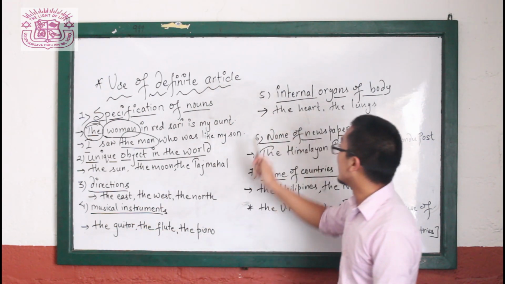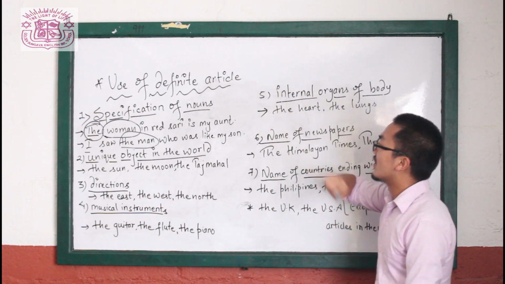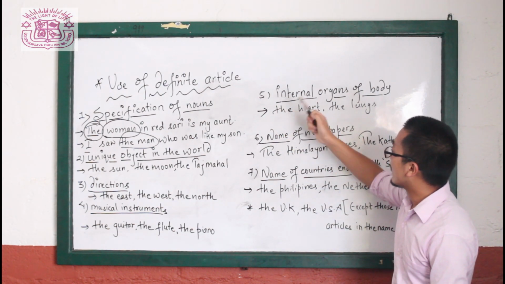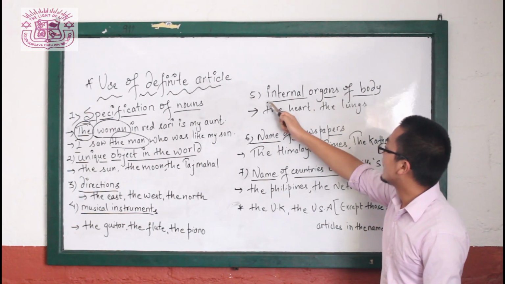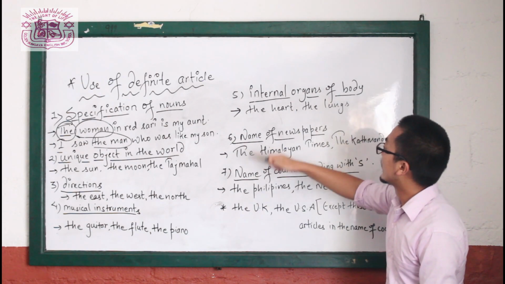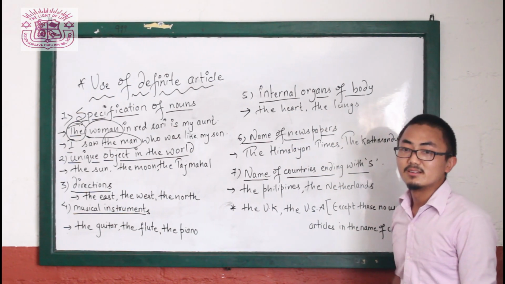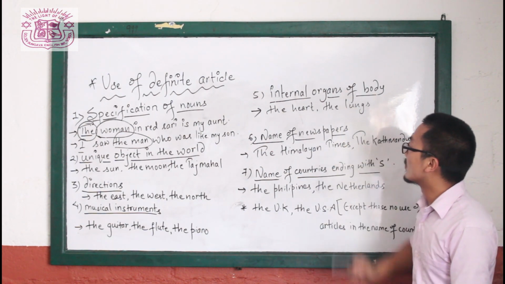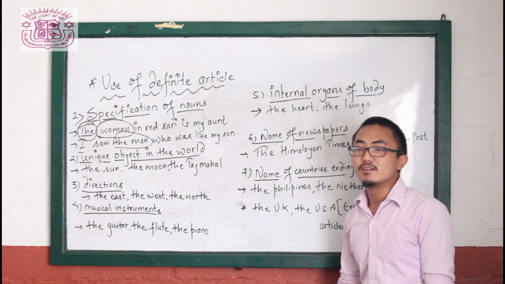So similarly, let's move to the fifth use of definite article. Here I have mentioned that the article is used for the internal organs of the body. Only for the internal organs of the body. For the external organs of the body, we generally don't use any kind of article.